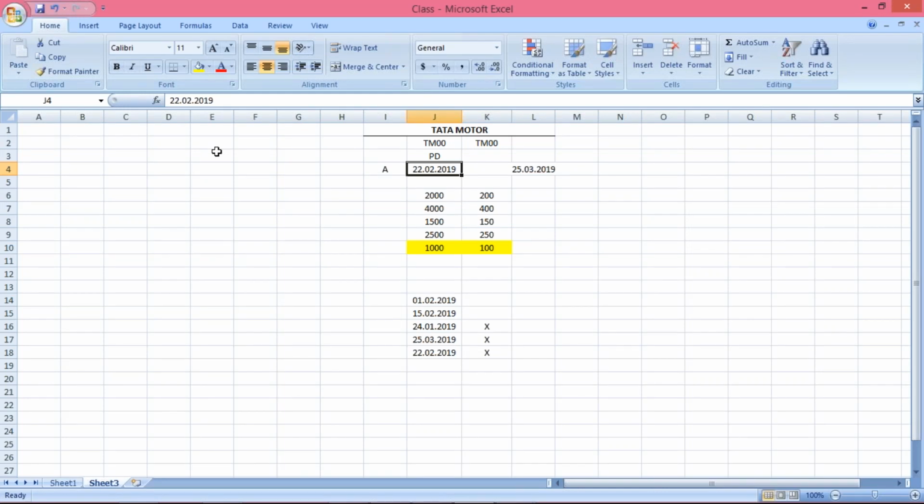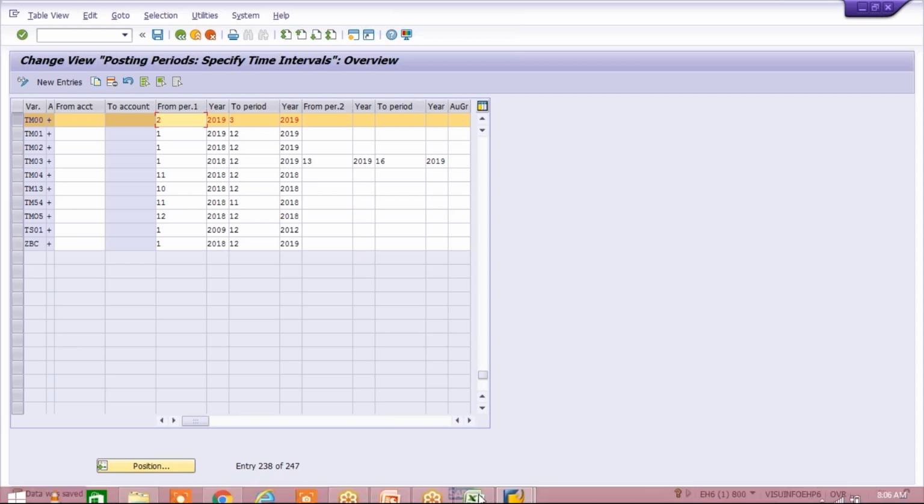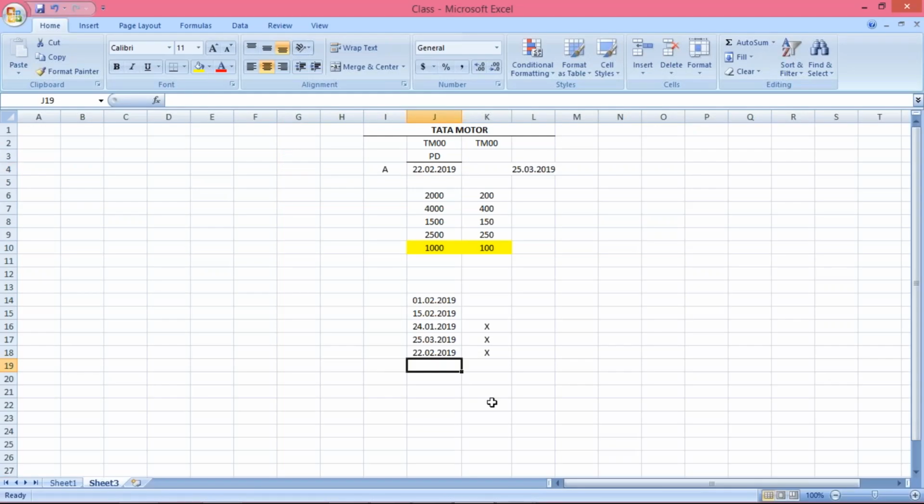So what is happening, guys? The major use of this: let's suppose while posting a transaction, sometimes by mistake you have given a future month. As I told you, instead of 03, instead of March, if you have given 04 2019, this is also not possible, guys.